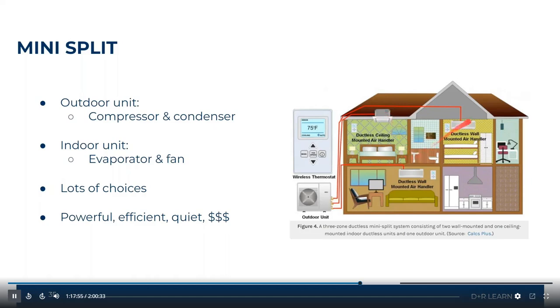Your wall-mounted systems, as you can see here, are ductless wall-mounted air handler systems. These can be mounted directly on the wall of your zone or your space, and will provide the heating and cooling for that area. Whereas your cassette-mounted will be mounted in a ceiling or some sort of a drop ceiling grid, so that way it can provide the flow of air coming down into the space.